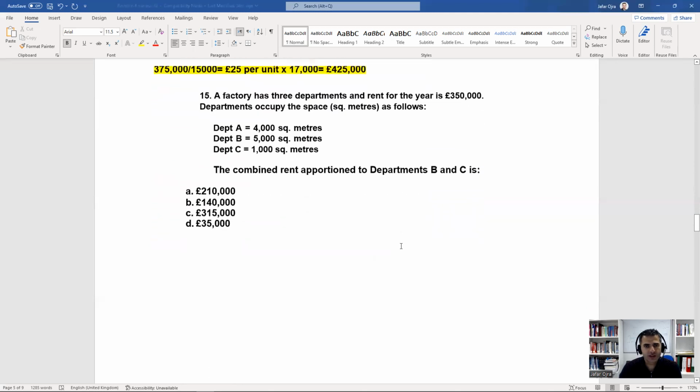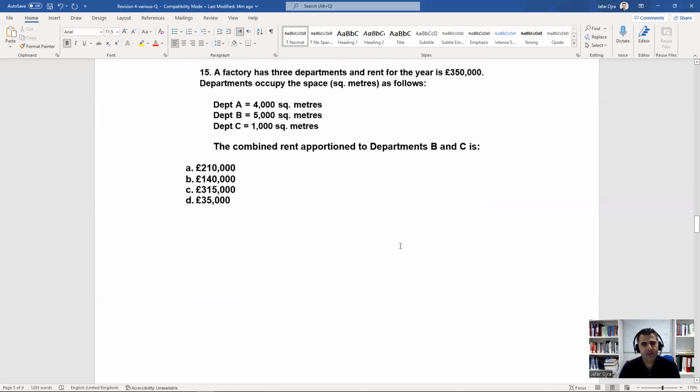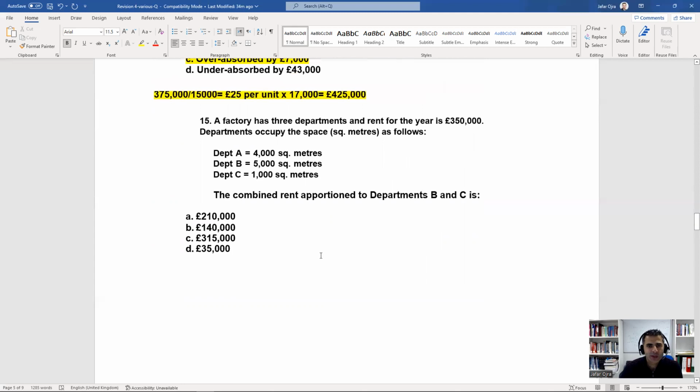So question 15 is about overhead allocation. If you look at question 15 here, a factory has 3 departments, and rent for the year is 350,000 pounds. The departments occupy square meters, and this is the basis.